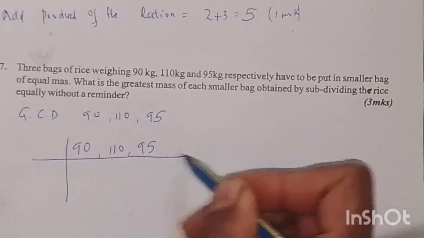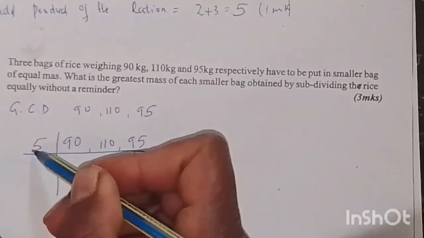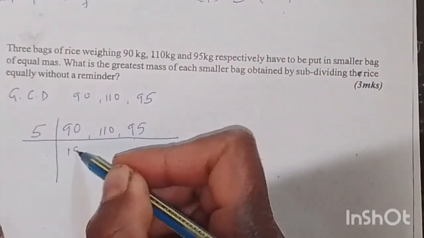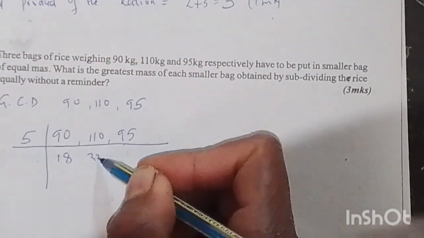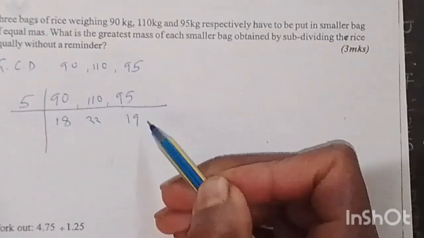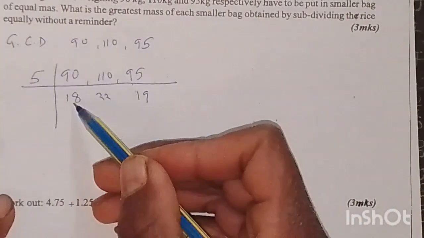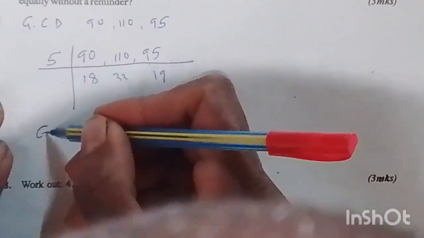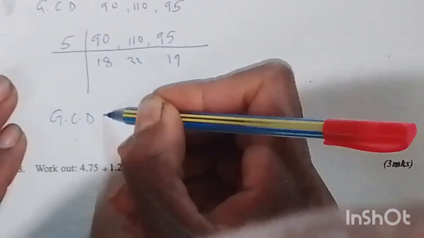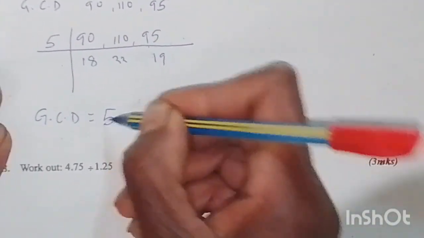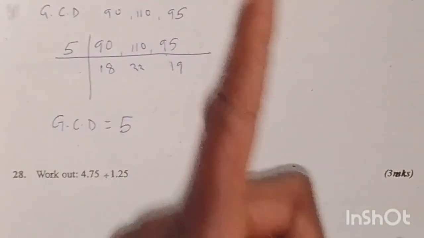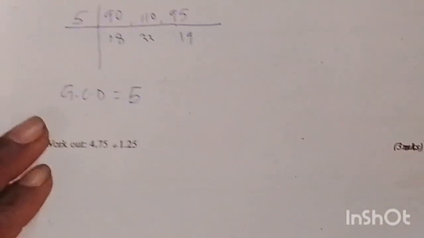You start with 5, which is the greatest. This becomes 18, 22 and 19. 19 is a prime number, so you cannot divide further. Therefore, the greatest common divisor is 5, and that is the answer.